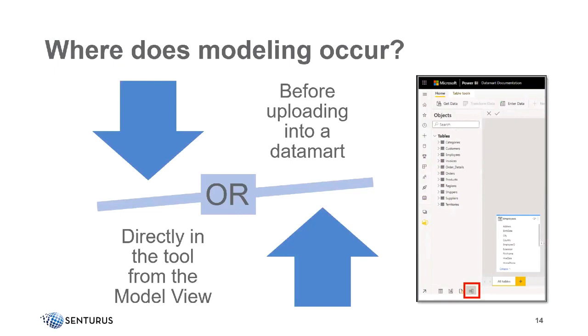And you can go to the model view tab and do all your model views there. If you have a solid data warehouse or something in place, you won't have to do a whole lot of modeling. But you can do modeling inside once the data has been retrieved.